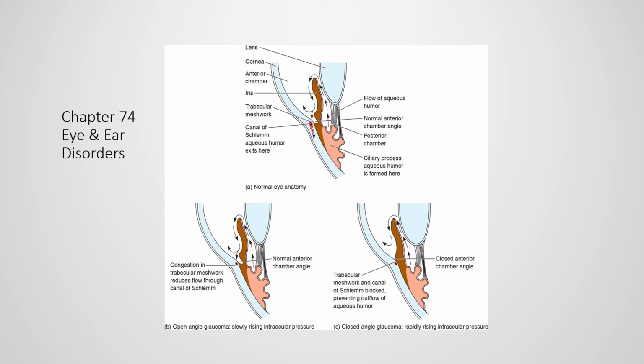Okay? Or what we call a closed angle glaucoma. So basically the cornea is more narrow, the angle is more narrow. So anything that causes the eye to dilate and bunches up the iris into the corners between the cornea and the iris can completely block off flow into the trabecular meshwork.